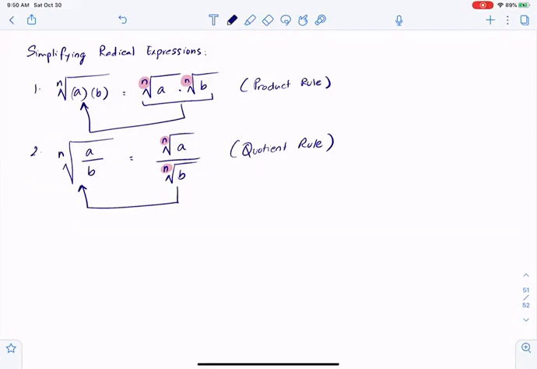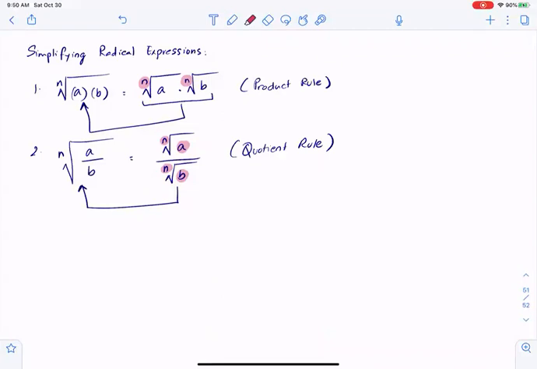Mind you, you can have any type of expression inside the roots. In other words, they can have x plus 1, x squared plus 1, doesn't matter. It could be any expression. And what we shouldn't get confused about is splitting the root when you have sums.